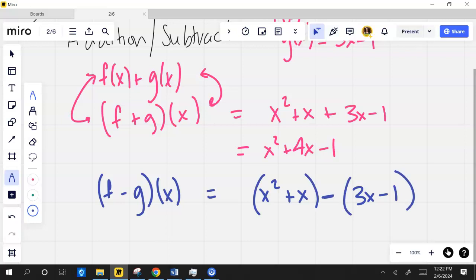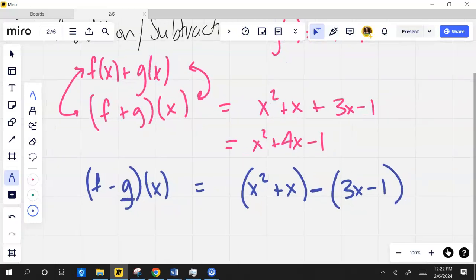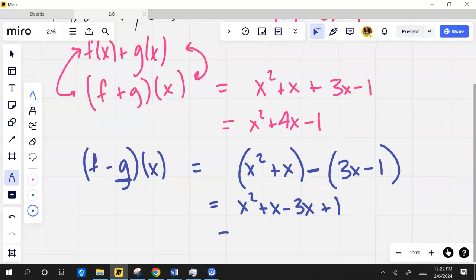So be very careful. You subtract everything in f and not just that first term. So this is really going to be x squared plus x minus 3x plus 1. Some things go a little funky, but it's a really easy concept.